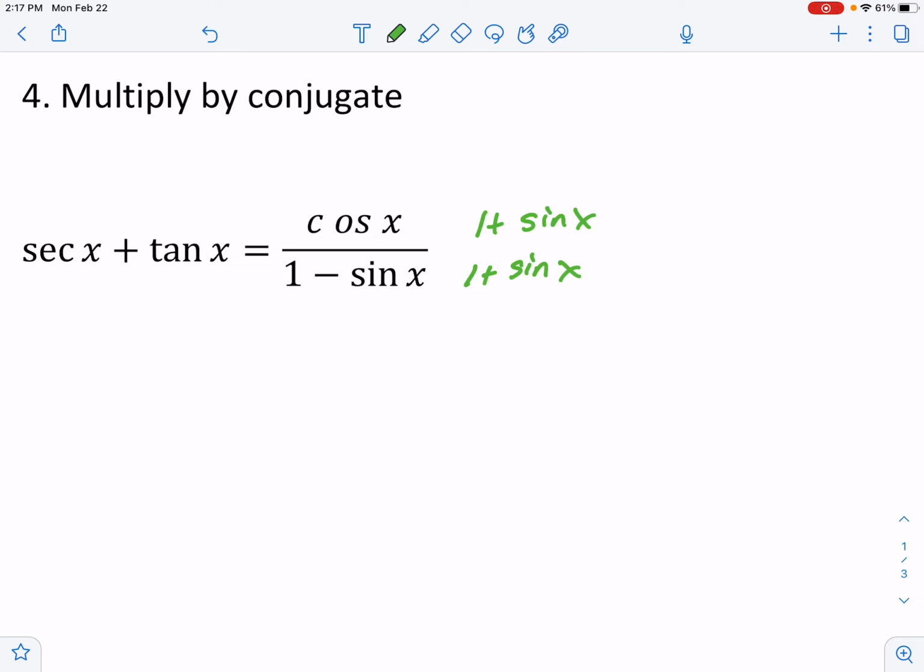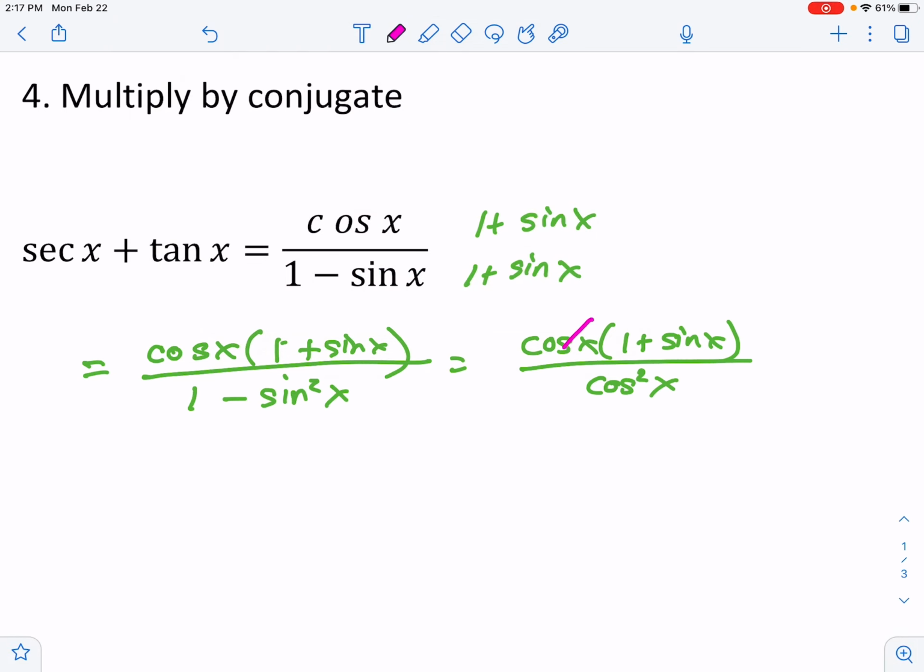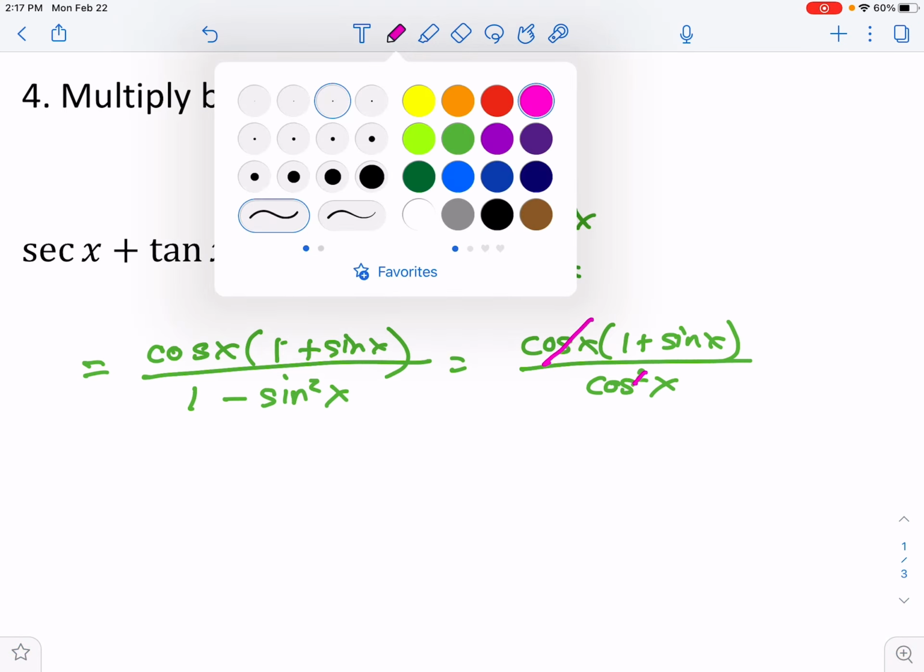So when you multiply by the conjugate, I end up with the cosine of x times 1 plus the sine of x. The bottom becomes 1 minus sine squared of x. 1 minus sine squared is a Pythagorean identity, so this becomes cosine squared x. I can now cross this out in one of those.